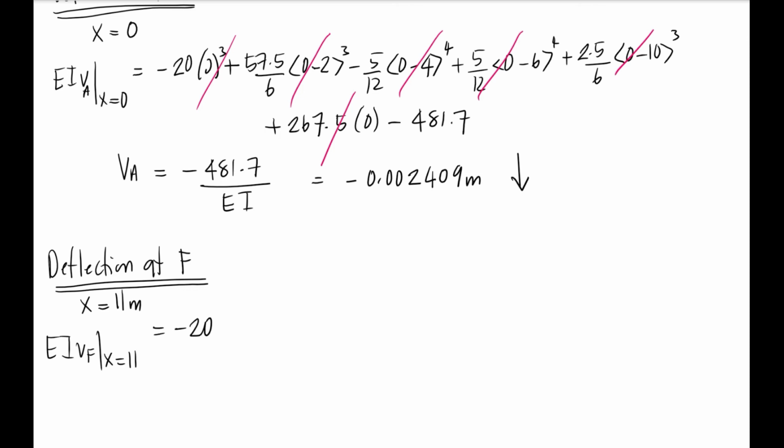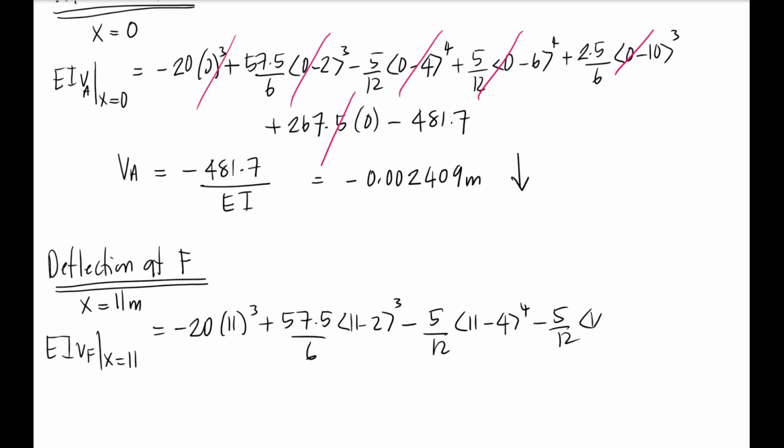Okay, substitute 11 meters into the equation of deflection. 11 minus 2 power of 3, minus 4 power of 4, 11 minus 6 power of 4, plus 2.5 over 6, 11 minus 10 power of 3, plus 267.5 times 11, minus 481.7.